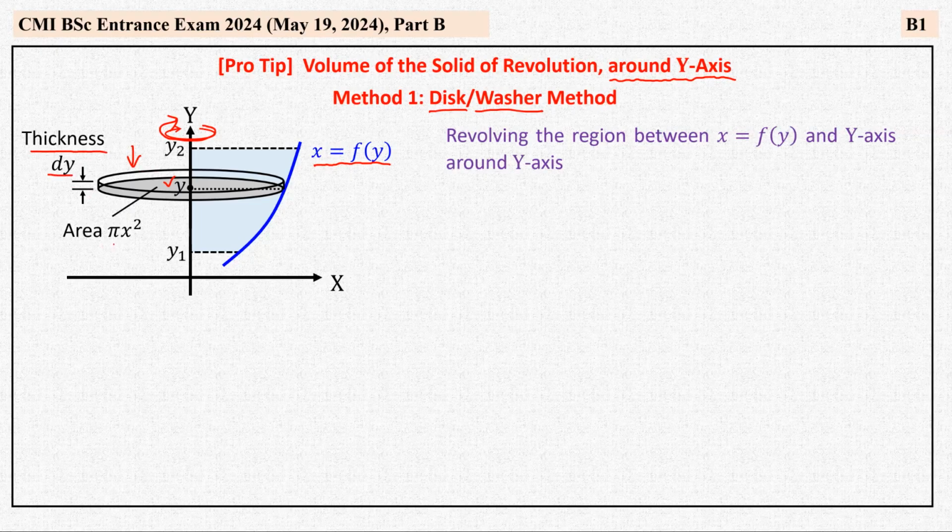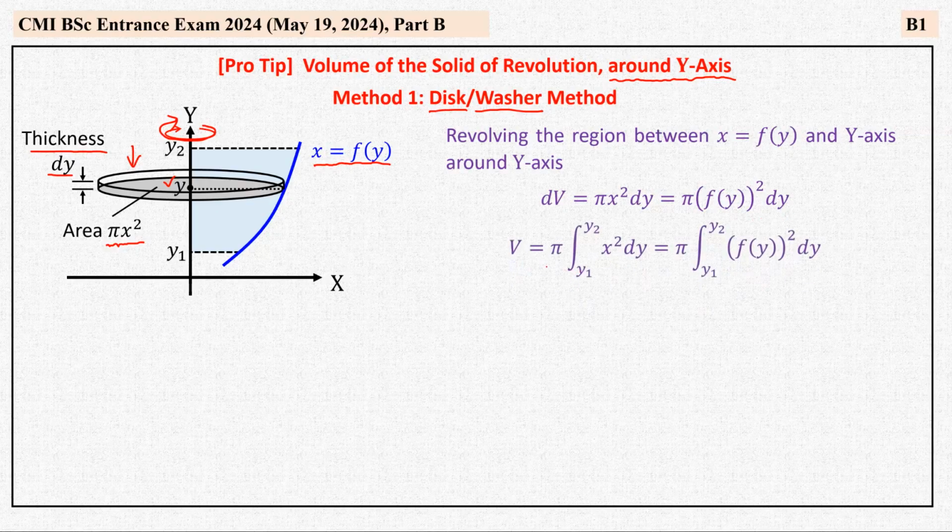The cross-sectional area is pi times x squared, hence the volume of the disk dV can be expressed as pi x squared times dy, so pi times f of y squared dy. Therefore, the volume of the solid of revolution can be expressed as pi times the integral of x squared dy, or pi times the integral of f of y squared dy.